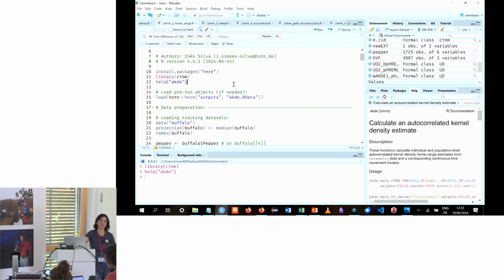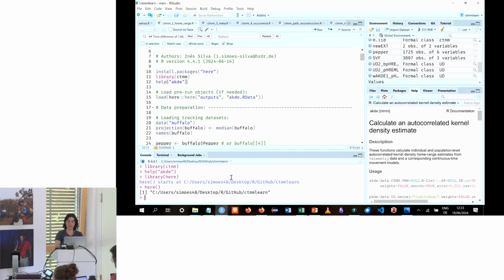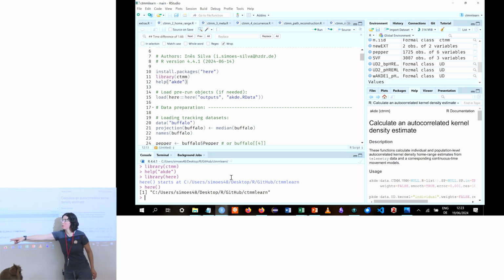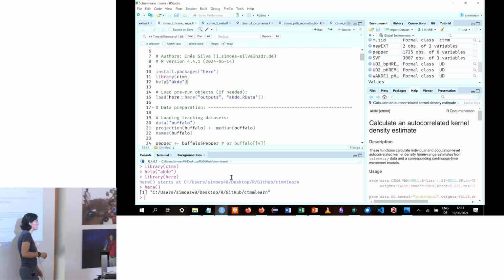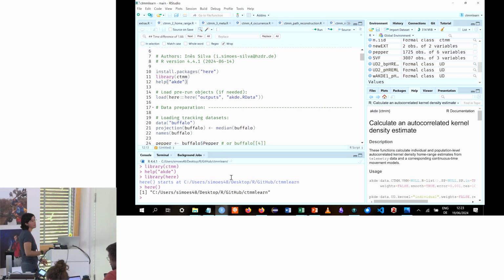We're trying to restart R to see if that fixes it. Okay, I'll tell you in a minute. Because what you can also do, at least just to check, is just run the function here and see what shows up. My case will be different, but just make sure that whatever gets outputted with that function is the same working directory.